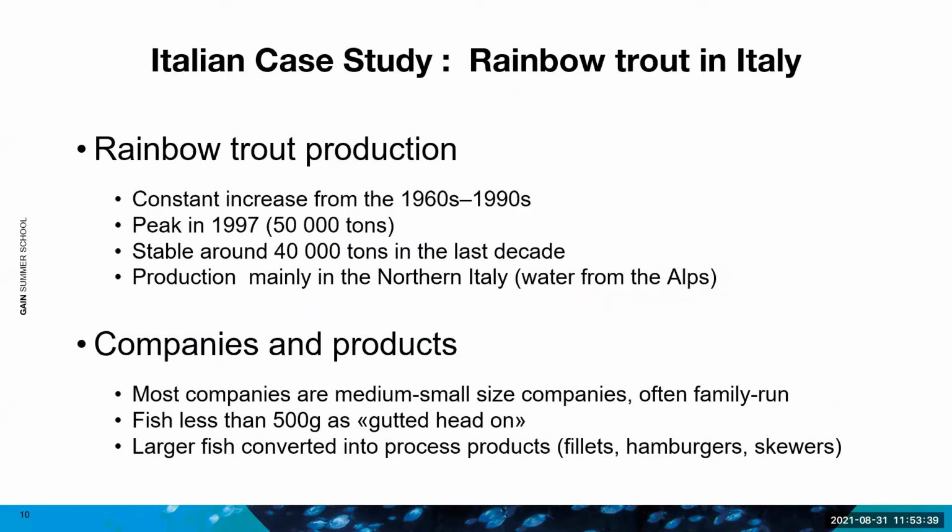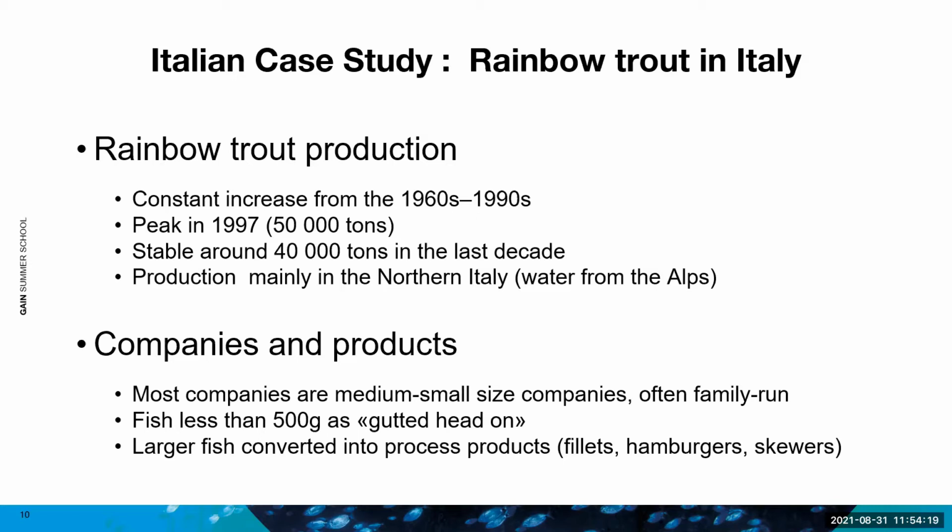What about rainbow trout production in Italy? Well, rainbow trout in Italy has a recent story, with a constant increase from the 60s and a peak in production in 1997. Over the last decade, it has been quite stable at around 40,000 tons of rainbow trout produced. The production is mainly located in northern Italy, because there is more water available from the Alps.